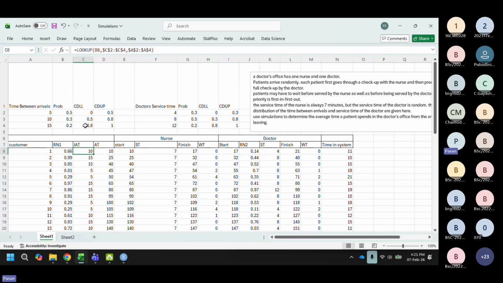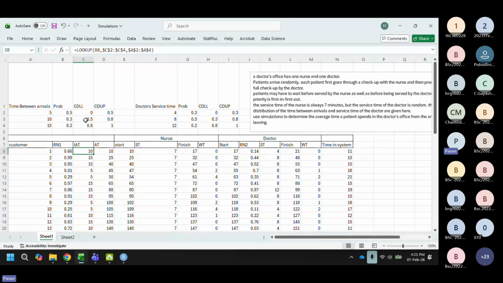If this number is above any of these numbers, then it falls under that category. If it is above 0 but below 0.5, then it goes under this category. And if it is above 0.5 and below 0.8, it goes under this category.